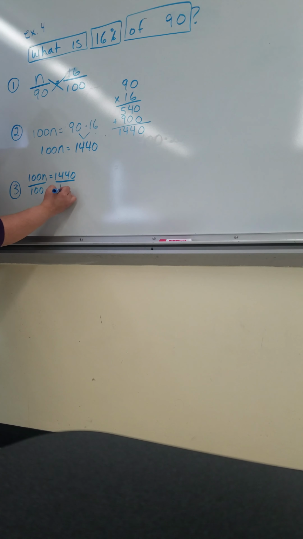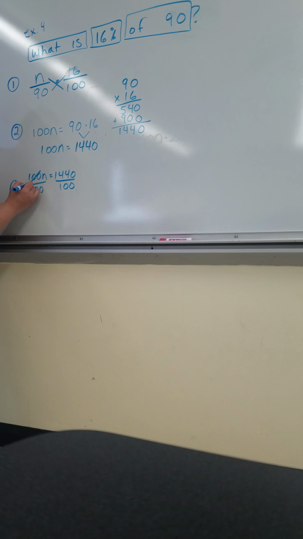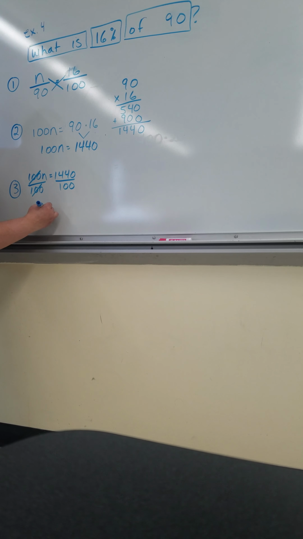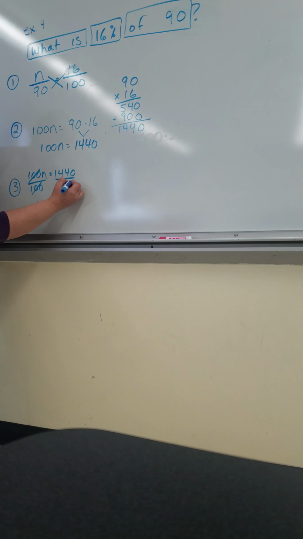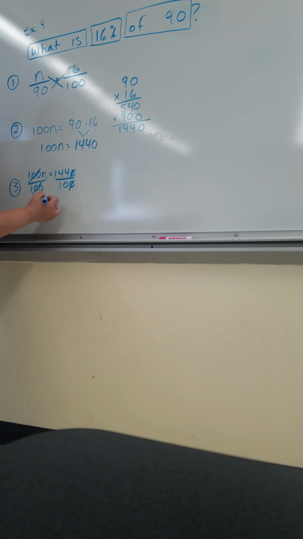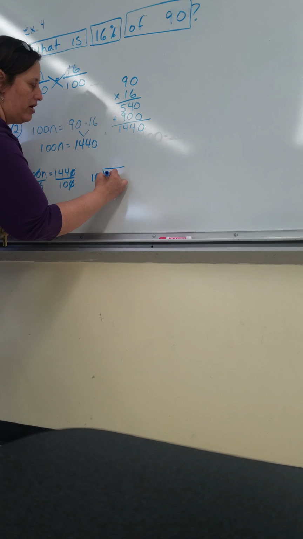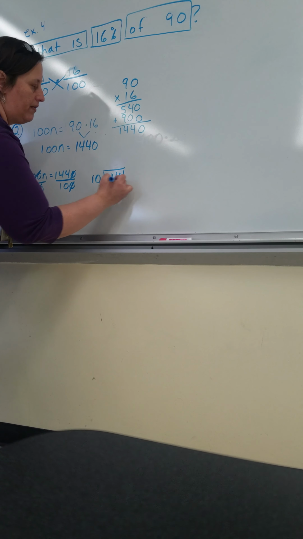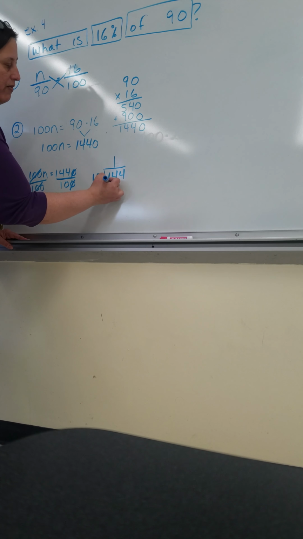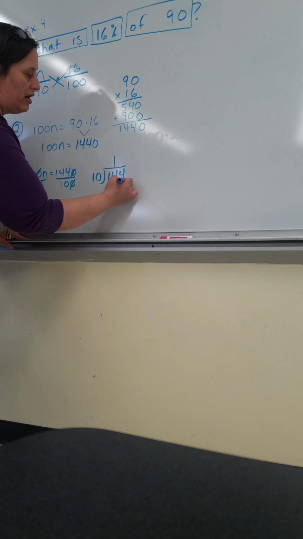All right, step 3, take that 100n, what we just got, and divide both sides by 100. Why by 100? Because that's what's attached to the n. We want to get that away from the n. These will cancel. N equals, well, we can cross off that 0 and that 0, and now it makes our division a little bit easier. 10 into 144. So 10 goes into 14 once, with 4 left over.